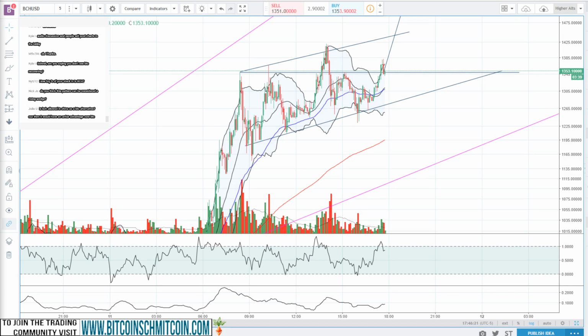Do you think this pattern can be considered a rising wedge? It depends on what pattern you're speaking of. Are you talking about this pattern right here?